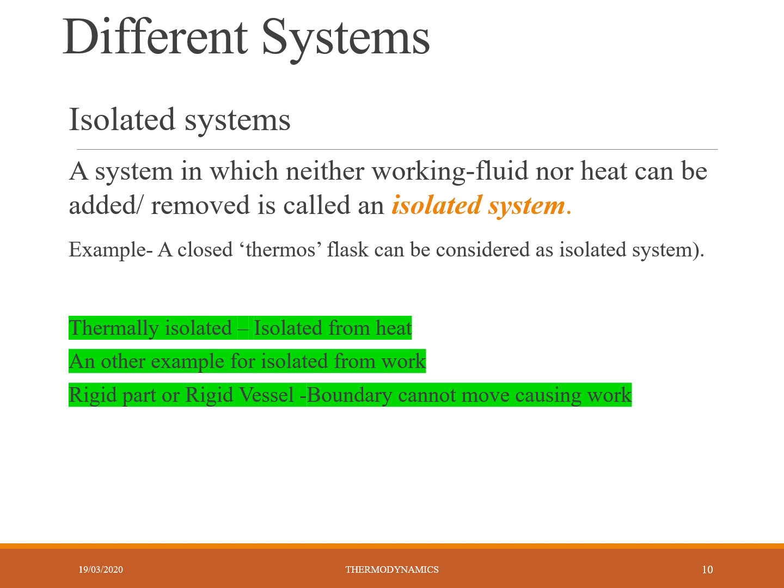Further, we'll go for partially isolated systems also. Thermodynamically, we should know these things too. If you are told a particular system is thermally isolated, what do you mean by that?